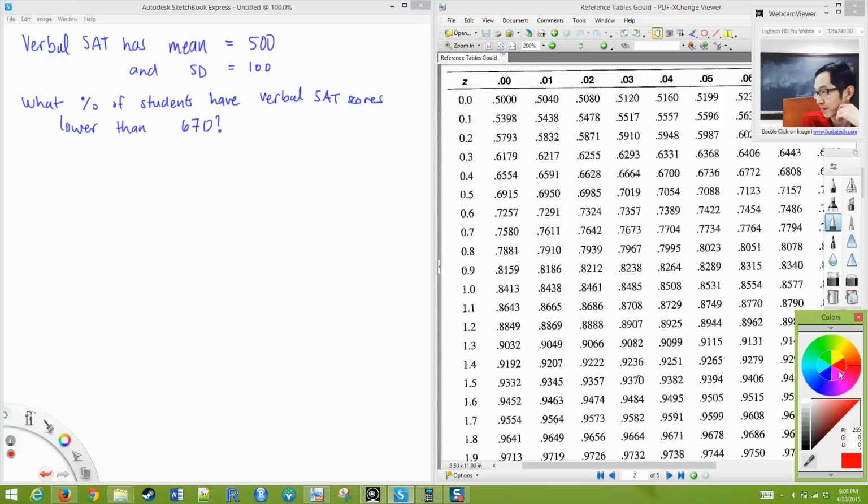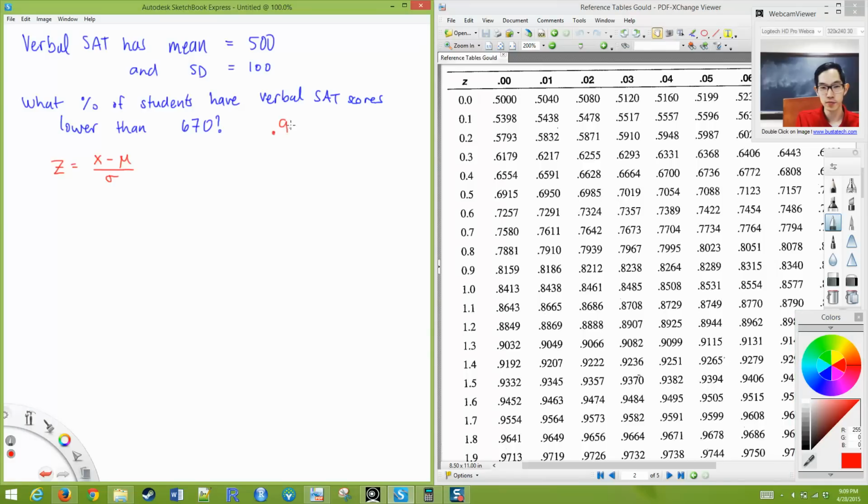So all I've done is plug in the information that I have, and I get z equals 1.7. If I were to draw a picture, I'm going to go to 1.7, and I'm asking how much is shaded over here.